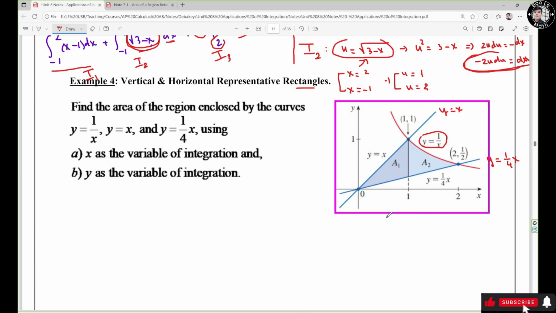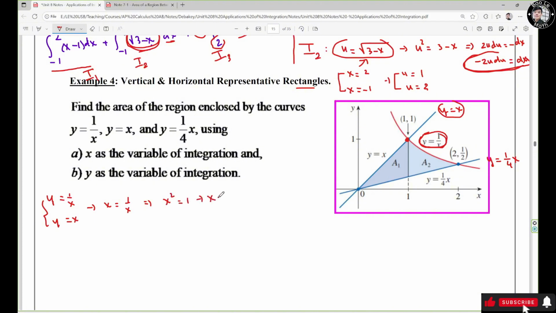Alright, so the first thing you need to do is to find the intersection points. In order to find this intersection right here, I need to equate this one and this one. So I have y equals 1 over s and y equals s. So s equals 1 over s, and then multiply both sides by s, so s squared equals 1.